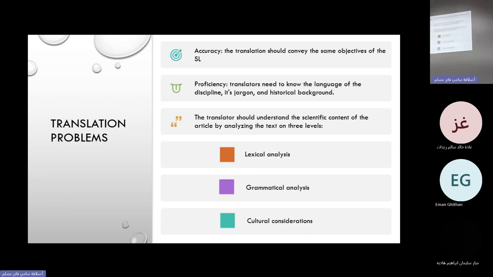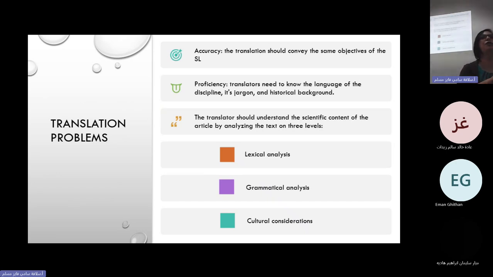What are the translation problems that translators face when they translate scientific texts? The first problem is accuracy. Am I using the correct word, term? Okay? So the translation should convey the same objectives of the source language.